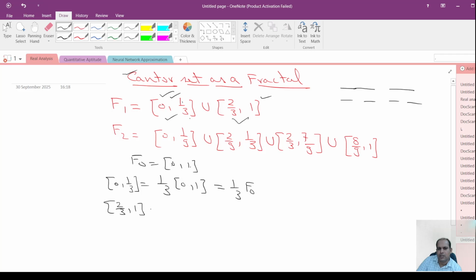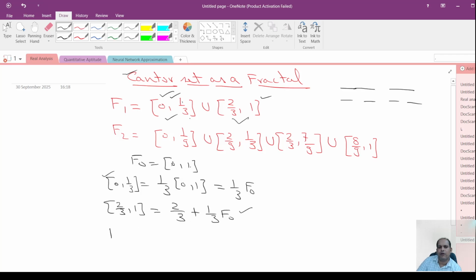This is obtained by scaling and translating by 2/3, that is, 2/3 plus 1/3 of F0. By scaling F0 by 1/3, we get the closed interval [0, 1/3], and translating it by 2/3, we get this one.